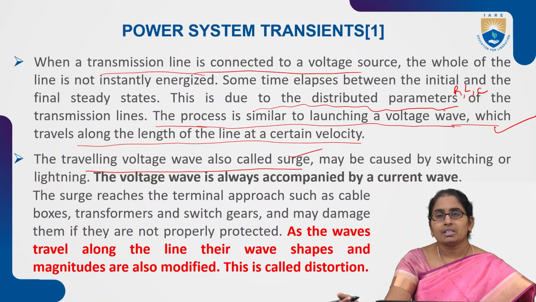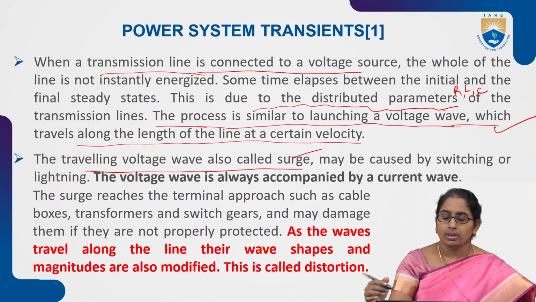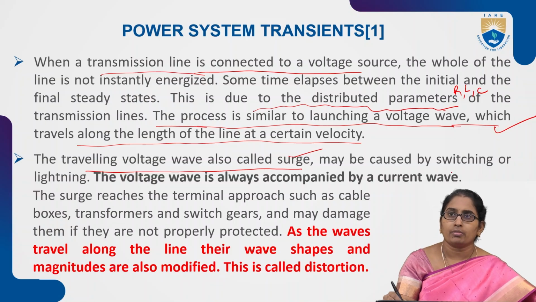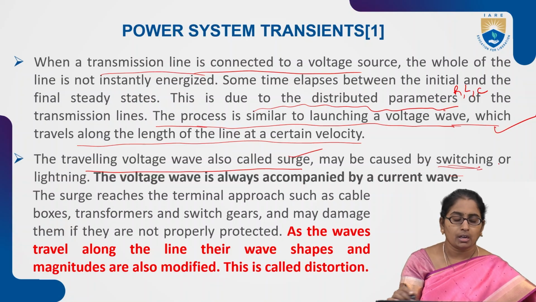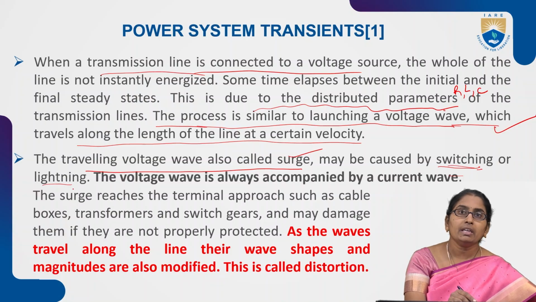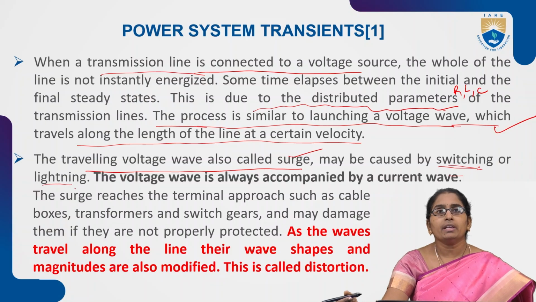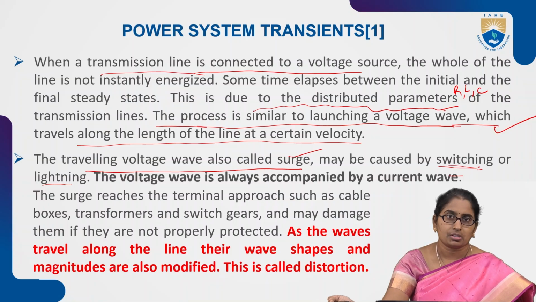Generally this surge may be caused by switching or lightning. We are doing continuous switching on and off of various equipment connected to the transmission line, and also lightning phenomena, which generally occur during thunderstorm weather conditions.